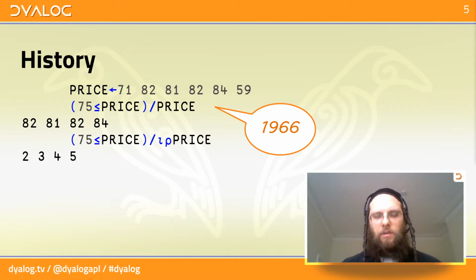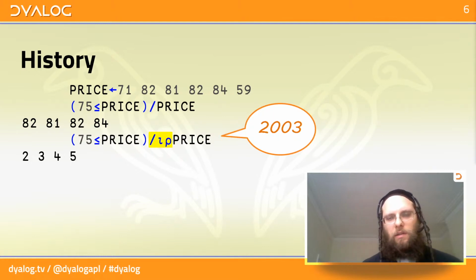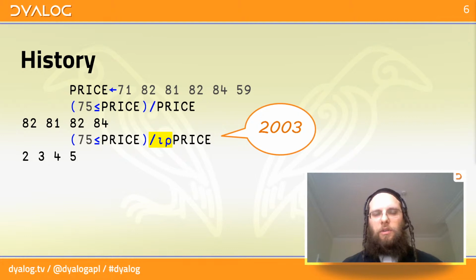In fact, when Dyalog introduced idiom recognition, which means that the interpreter sees entire sequences of symbols as a single token and is optimized to handle those in one go, then slash iota rho was actually the prime example of something that benefits from this idiom recognition, because this is a pattern that occurs all over the place in APL style code.